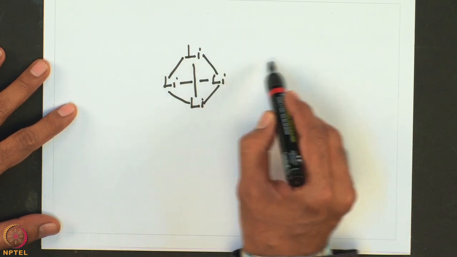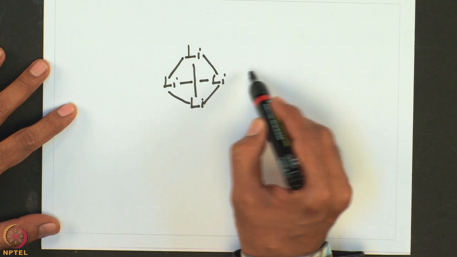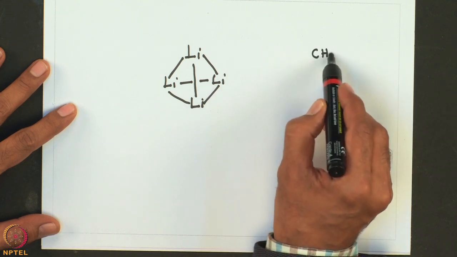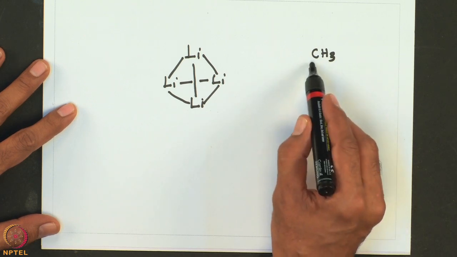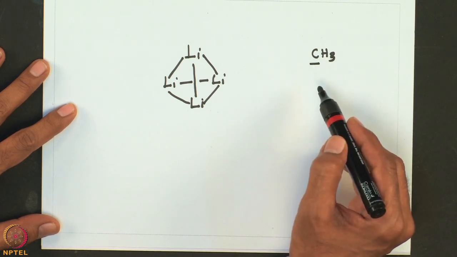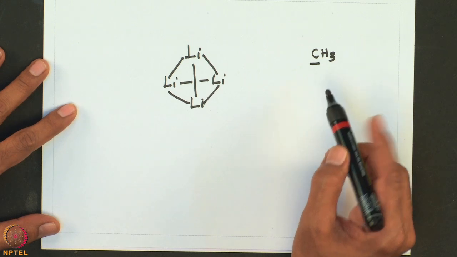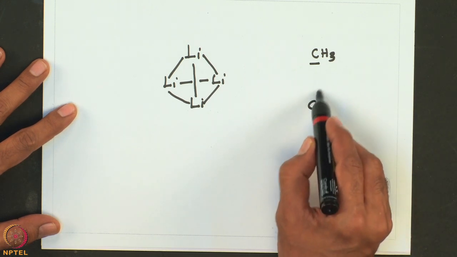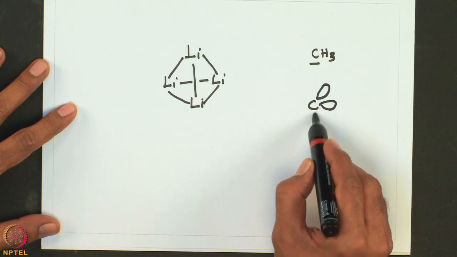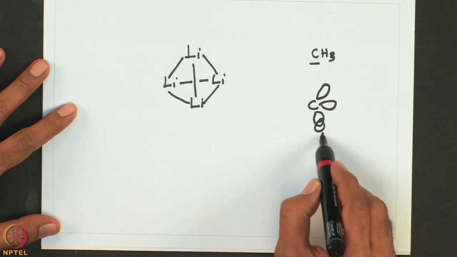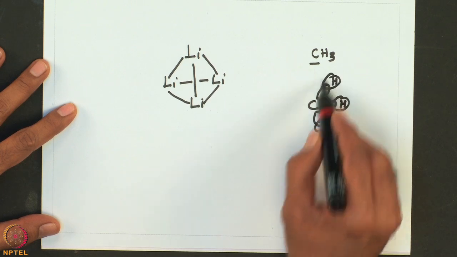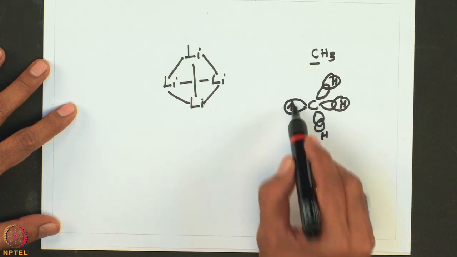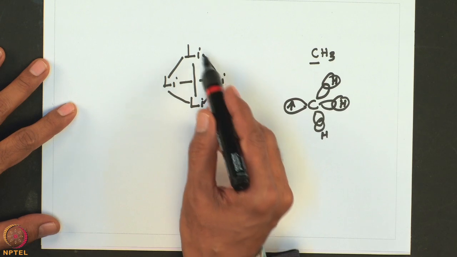So, here essentially, in the case of the CH3 fragment, carbon has undergone sp3 hybridization having 4 sp3 orbitals with 1 electron each, here something like this, and having here H, and now we have 1 with 1 electron, and out of this, 1 electron will be available.